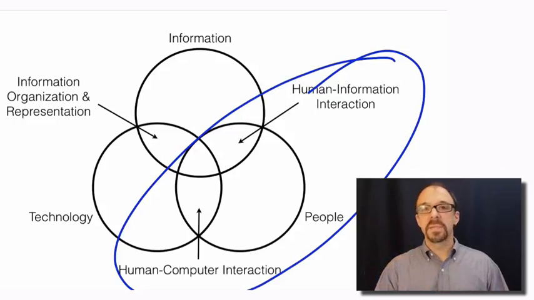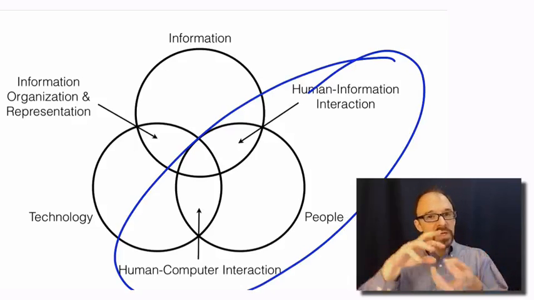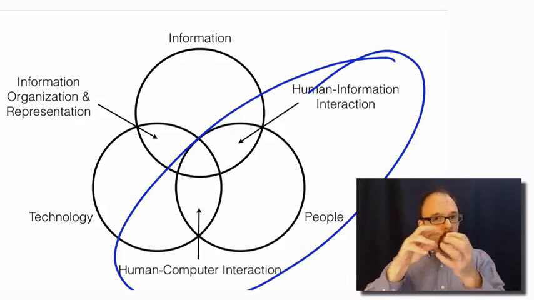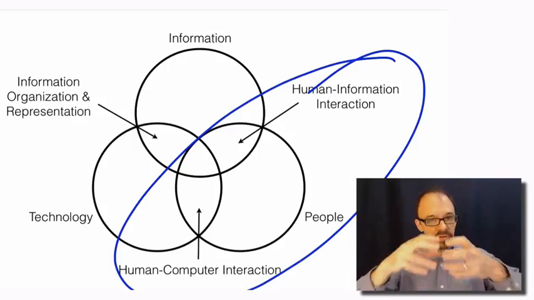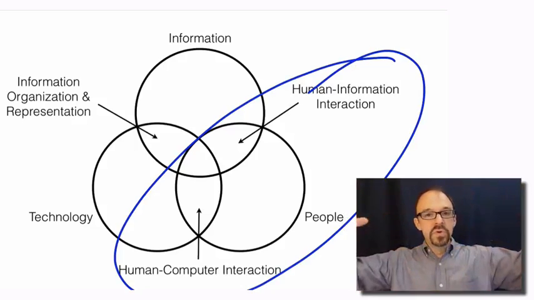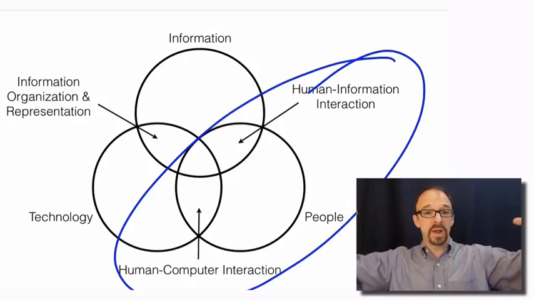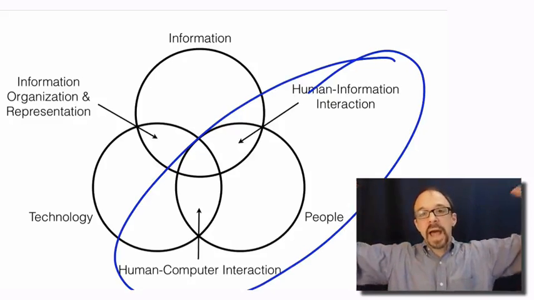So here's the thing about information science. One of the things that I personally find most interesting, although maybe this is the case for every field of study, I don't know, is that you can focus on one piece of the puzzle, one area, but eventually, for that area to make sense, you have to move out beyond that one area. You have to zoom out and look at the bigger picture.